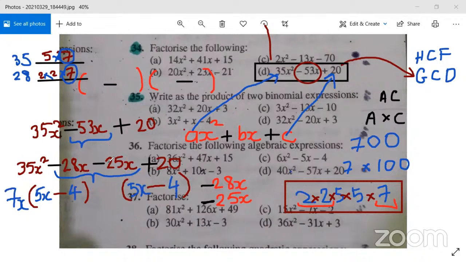We can divide minus 25x by 5x, or plus 20 divided by minus 4. That's going to leave you with a minus 5. So that is very important, because without doing this, we have no idea what sign is going to be in front of the 5. If you take minus 25x over 5x, the x is canceled, and minus 25 over 5 is still going to be minus 5.